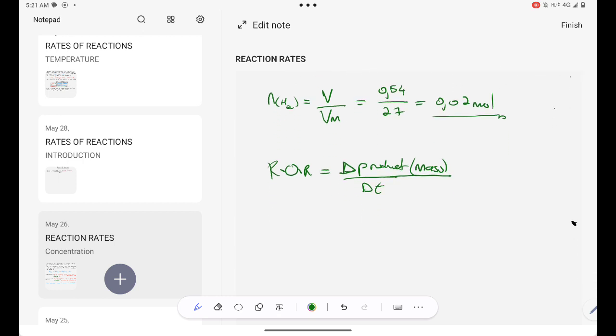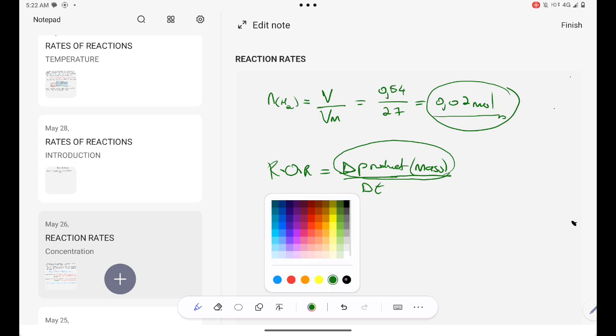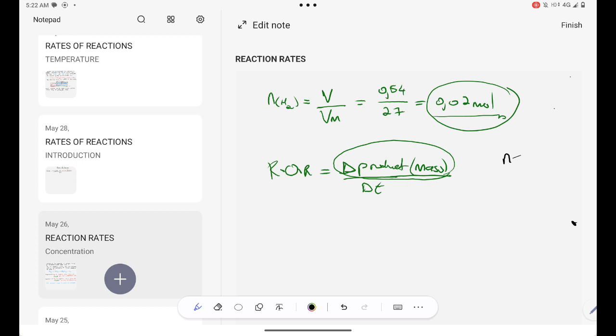Okay, for me to calculate the reaction rate, I must simply calculate the mass of my hydrogen that was formed. I know the number of moles of my hydrogen that were formed. I can therefore simply go and calculate the mass of my hydrogen. How can I find the mass of my hydrogen? I'll simply say number of moles is equal to mass of my hydrogen divided by the molar mass.